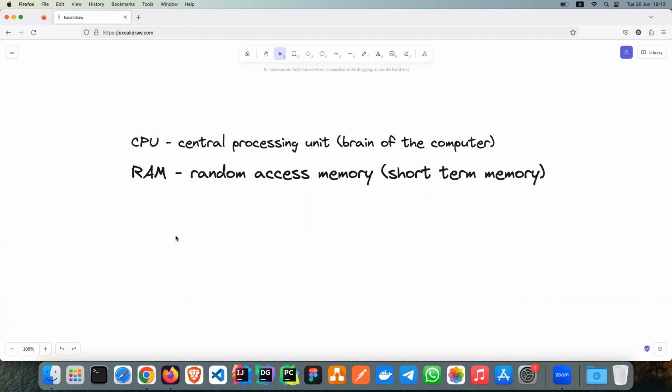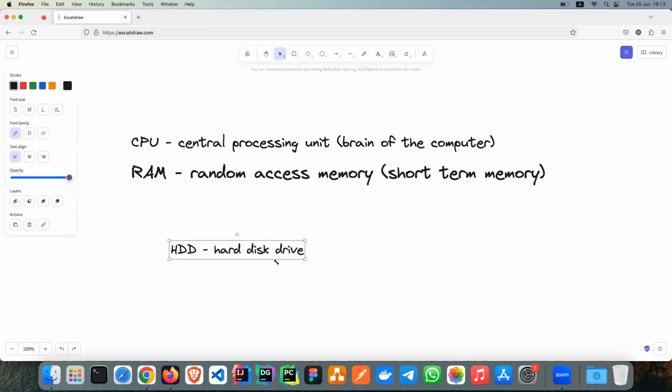it's very fast to get data from it and also to put data to it. But we also have long-term memory, like we can use hard drives, we can also use solid-state drives. We have HDDs, hard disk drives. It's actually a disk that spins.